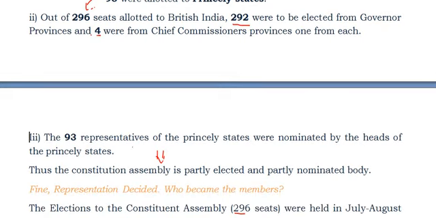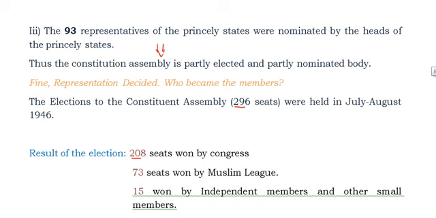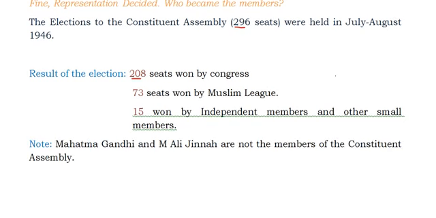The 93 representatives of the princely states were nominated by their heads. The election was conducted in July and August for the 296 seats under British control, and the result was 208 seats won by the Congress, 73 by the Muslim League, and 15 by independents and other small groups. Muhammad Ali Jinnah and Gandhi were not included in the Constituent Assembly.